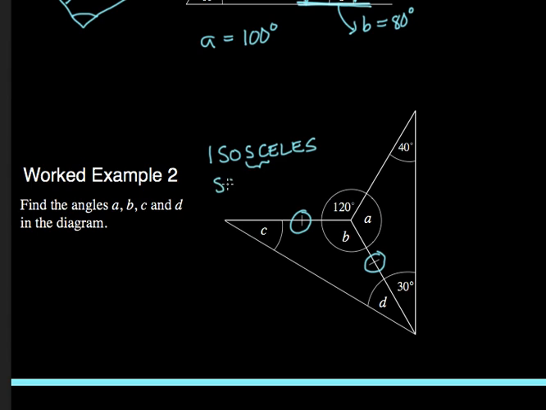Scalene is a different type of triangle where you don't have sides that are the same at all. Isosceles has two sides which are the same, and I've shown that with these two dashes. But with a scalene triangle, there are no two sides that are the same. I just remember isosceles is spelt with the SC from scalene in it, although they're not actually linked.